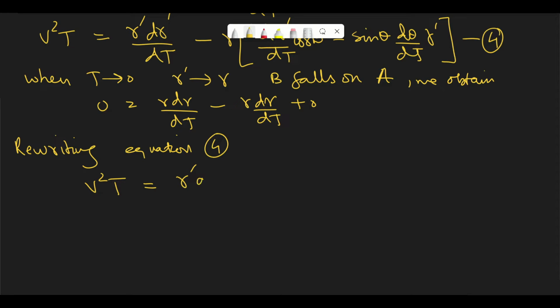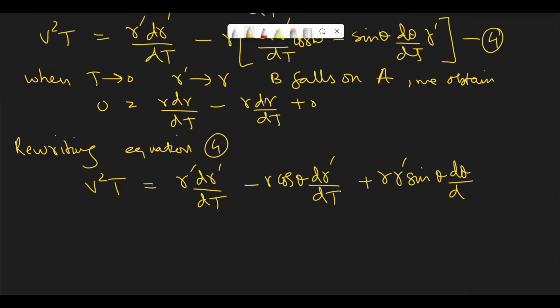v² t is equal to r′ dr′/dt minus r cos θ dr′/dt plus r′ sin θ dθ/dt.